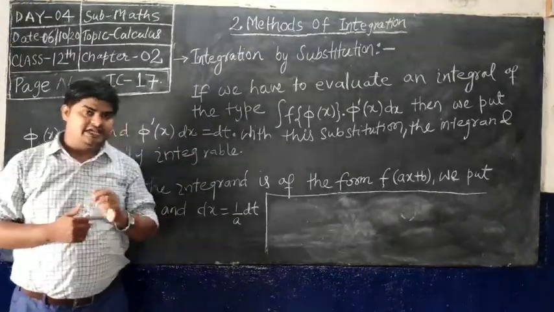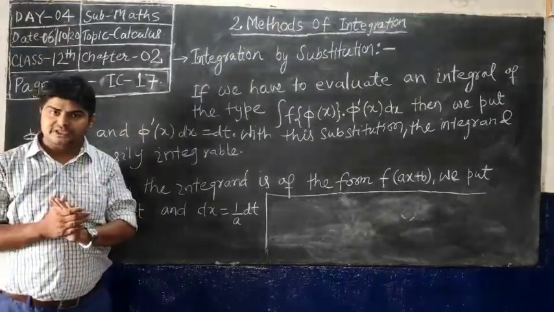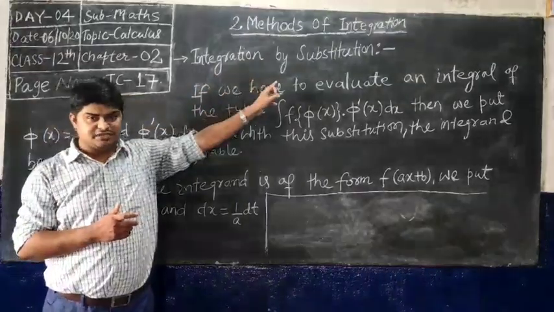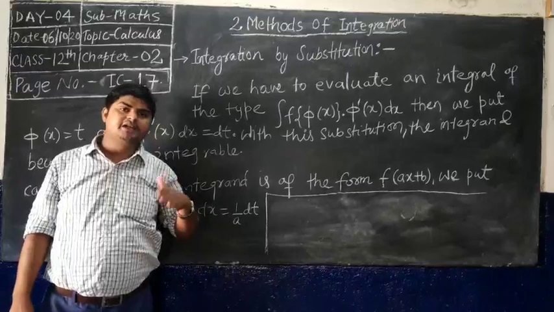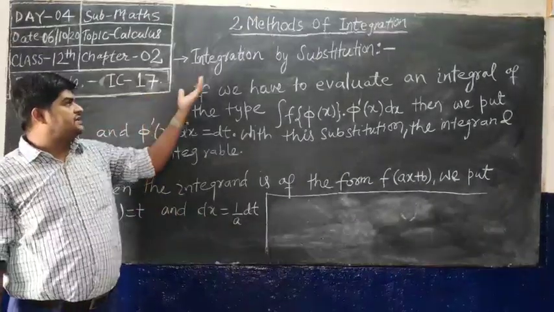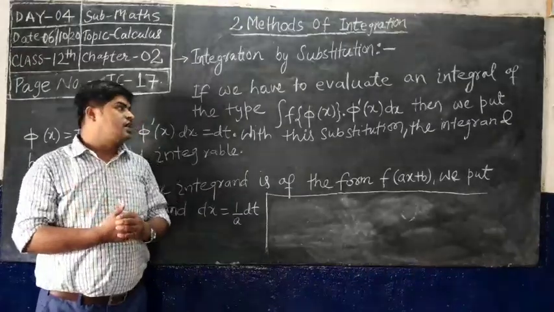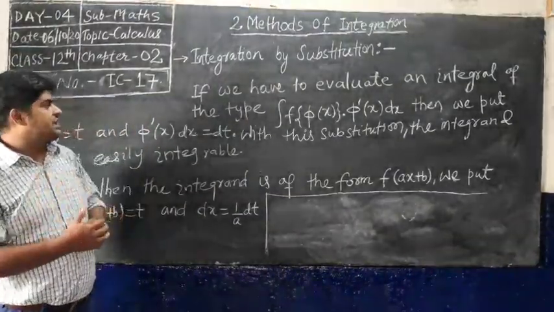In this chapter there are 3 exercises, 2a, 2b and 2c, in which I will teach you integration by substitution, the first method, for exercise 2a. So today I will start to explain what integration by substitution is, and you will solve exercise 2a by this method. Let us see.